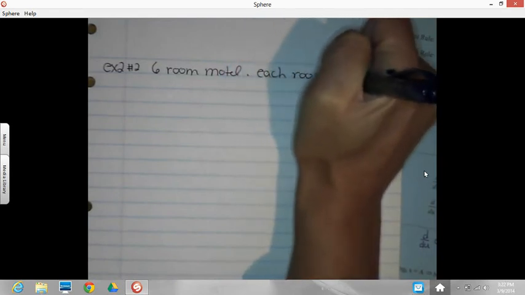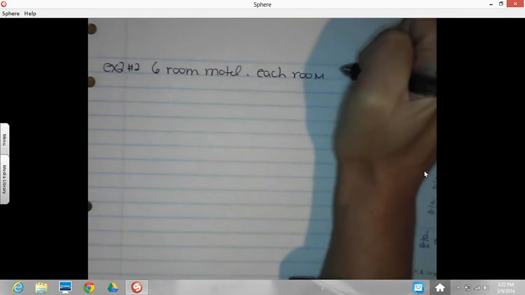Number 2 happens to be part A of number 2 in your book. It's a motel problem. You're going to have a 6-room motel. Each room is going to have 350 square feet in it.